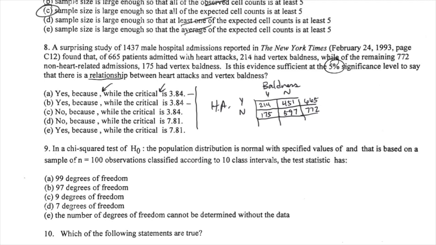So at this point, I'm going to go to my chi-square test and enter the data in the matrix. So 214, 451, 175, and then 597. Double check, make sure you don't make any mistakes. Then we can do the test.